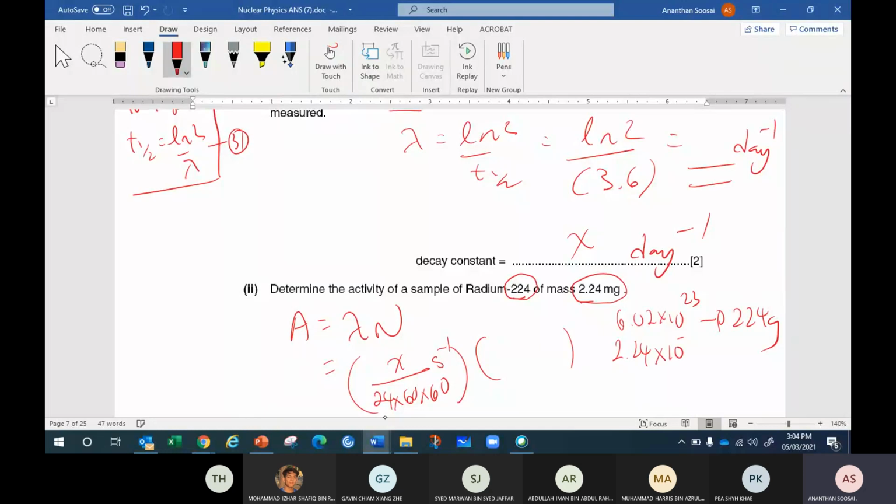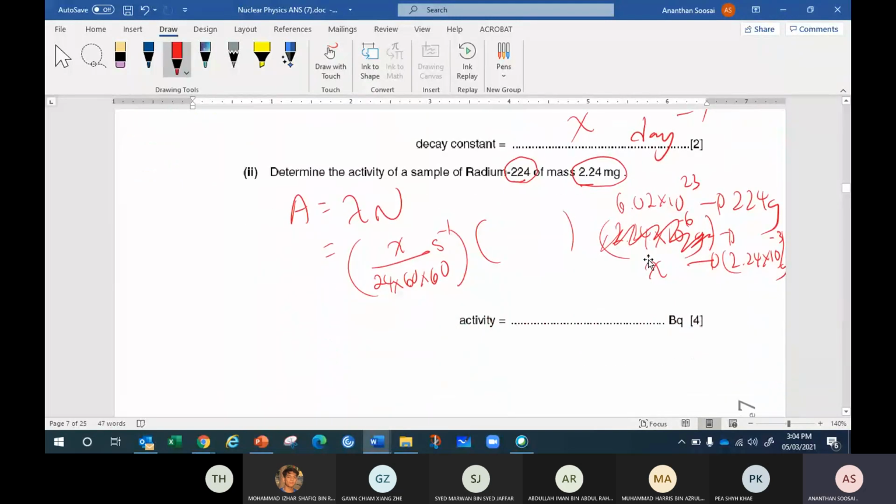Milligram is 10 to the power negative 3 gram. The X particles are in 2.24 times 10 to the power negative 3 gram. So use the ratio to find your X.